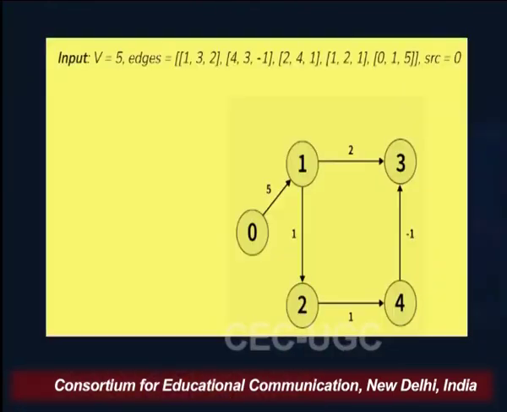Now in this kind of situation, if we try to implement Dijkstra's algorithm, it is not going to help us, because it is not suitable when the graph contains negative edges. Here the graph has a negative edge from 4 to 3 with a weight of -1, which is obviously negative.